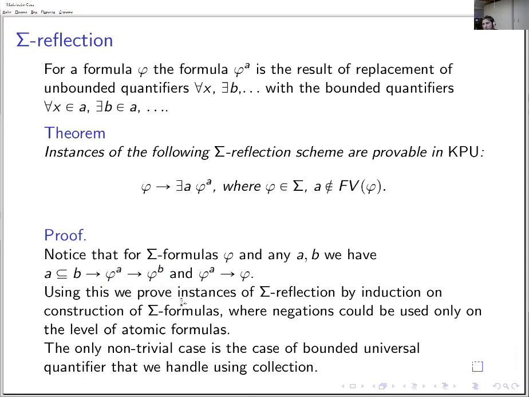This allows for a very easy proof by induction. Due to this persistence, when we have a Boolean connective, we can join the witnesses. And when we have bounded quantification, we can take a common bound for all the bounds, and we can do it by collection. And this allows us to prove sigma reflection.